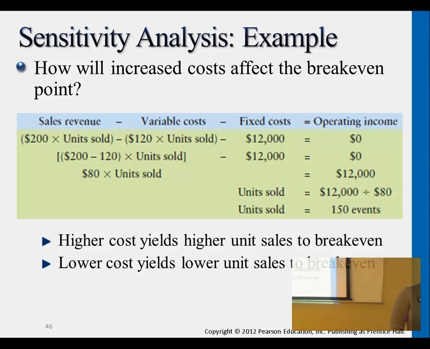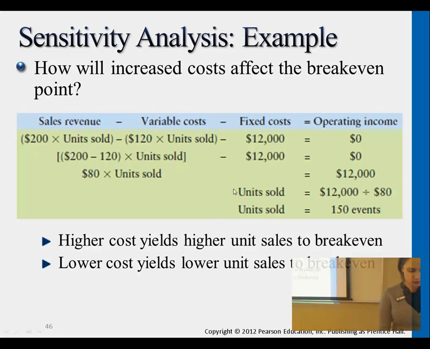This is true for a situation like an economic downturn. That's something that happened a couple of years ago, when we had an economic downturn. Still or not, that's not the question of this class. So let's see. Again, higher cost yields higher unit sales to break even, and lower cost yields lower unit sales to break even. So an increase in cost is what's happening right now.